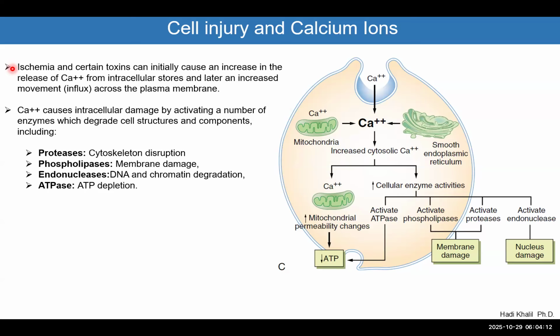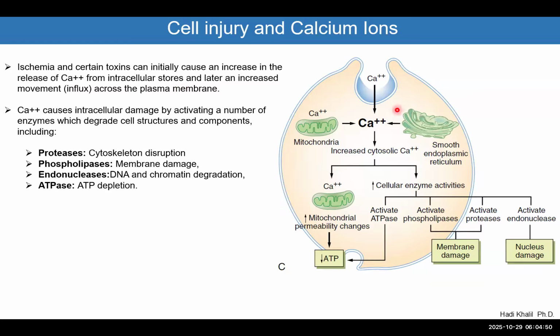And why I'm saying brain and heart, of course, it happens in any tissue, but brain and heart cannot survive a long time of ischemia or loss of oxygen. And even if the oxygen has been restored, which we call reperfusion, this can cause damage. So if we have a loss of oxygen or ischemia, or certain toxins affect the membranes, this can cause an increase of the calcium at the intracellular level.